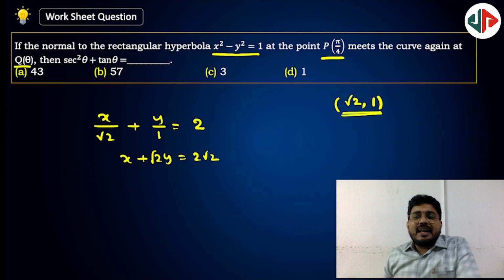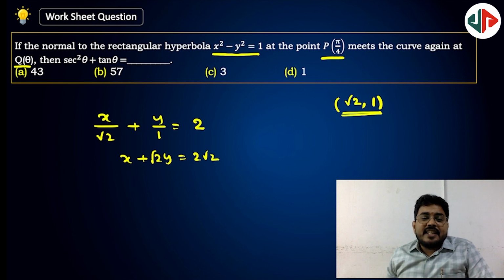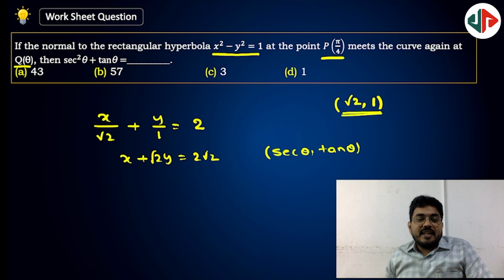So it meets the curve again. It is passing through secant theta comma tan theta, a is equal to 1. Substitute here. Okay, so secant theta plus root 2 tan theta is equal to 2 root.